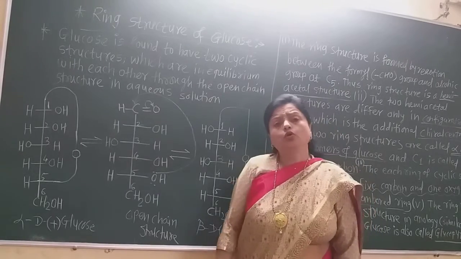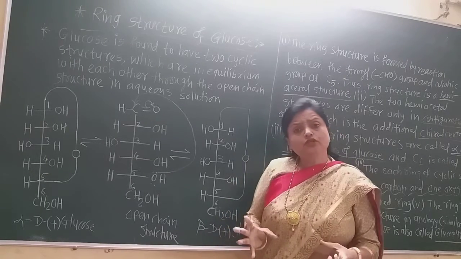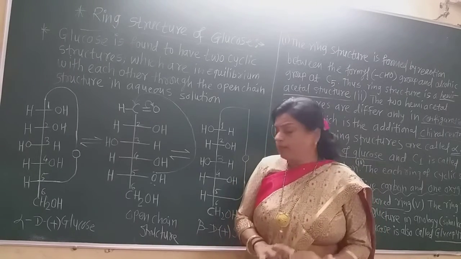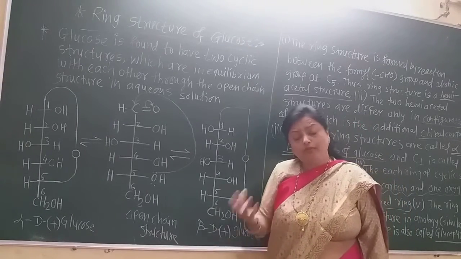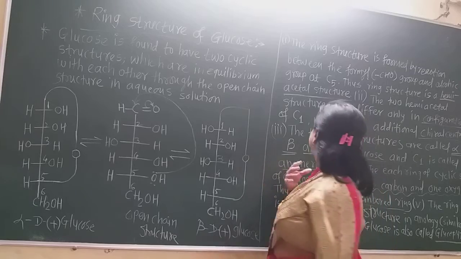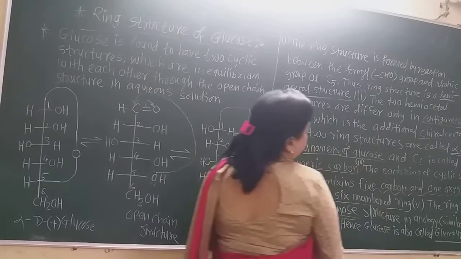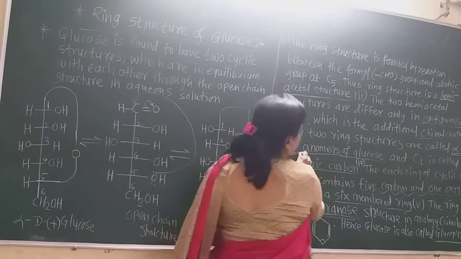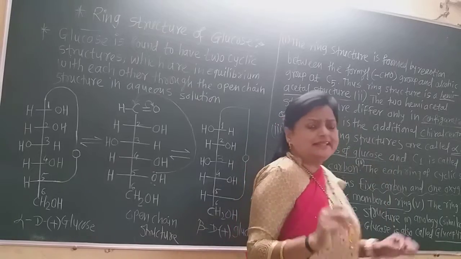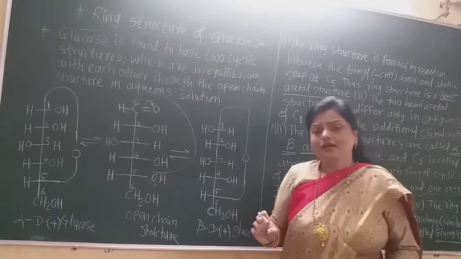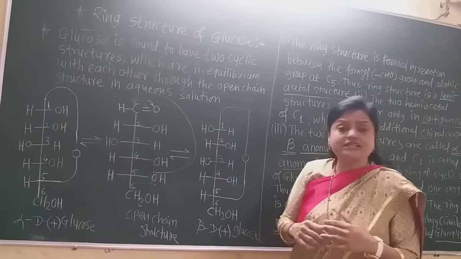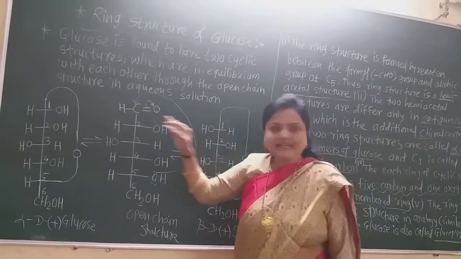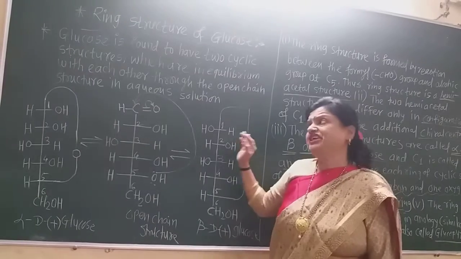Now here glucose is dextrorotatory, so it is D and plus, but alpha and beta are anomeric forms of each other. They are the alpha and beta anomers of glucose. That means they are nearly similar, but only at the configuration of the C1 carbon there is a change.